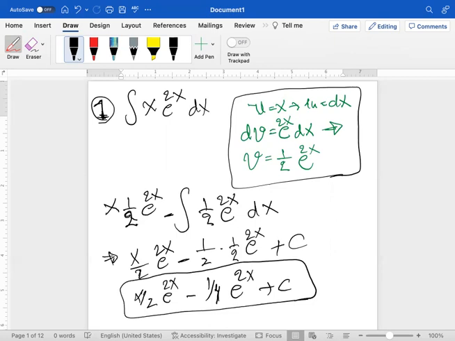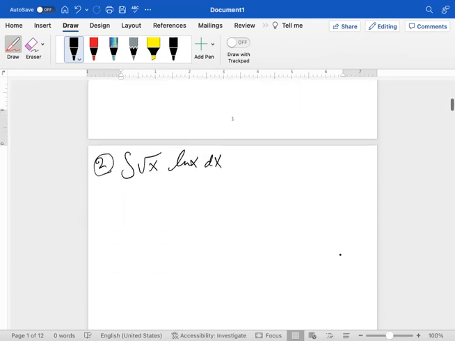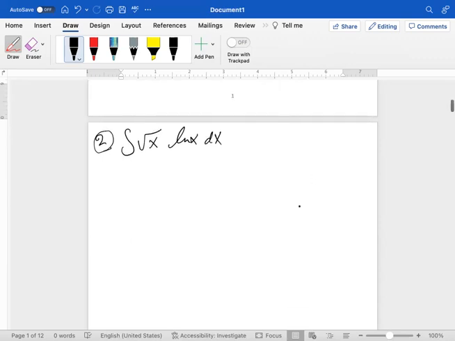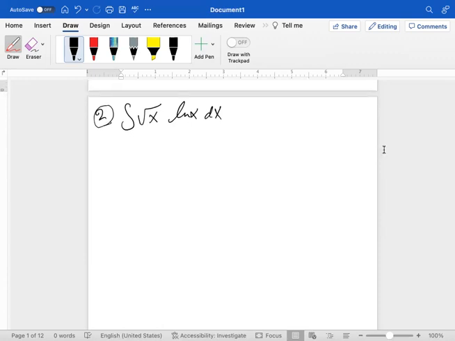Okay. Let's move on to our next problem. Here I will choose my u to be natural log of x rather than choosing square root of x, because we know that natural log of x doesn't have a direct form to integrate it.